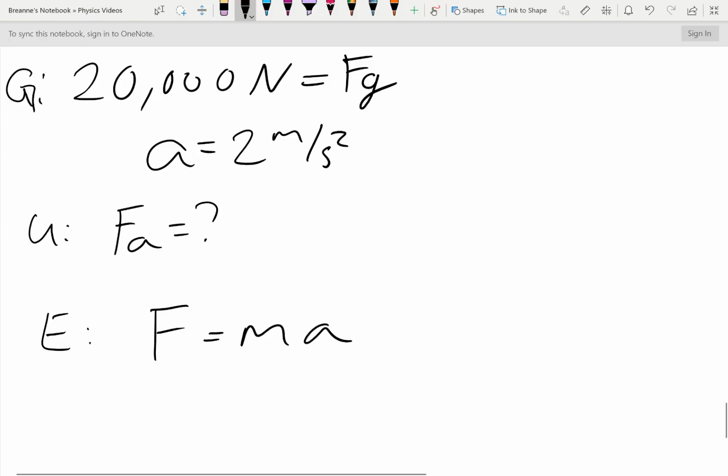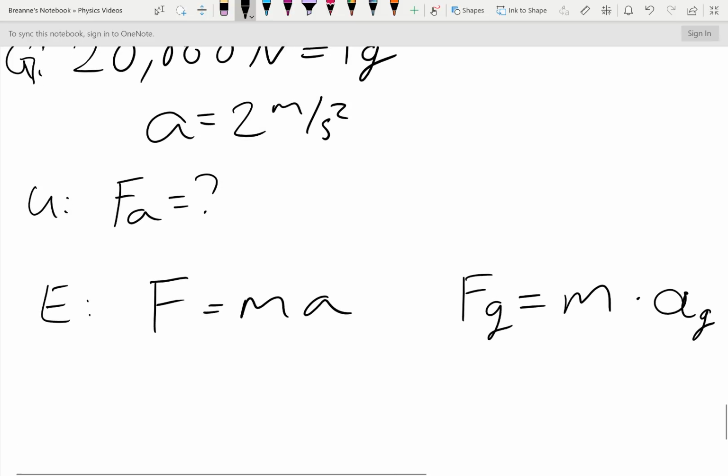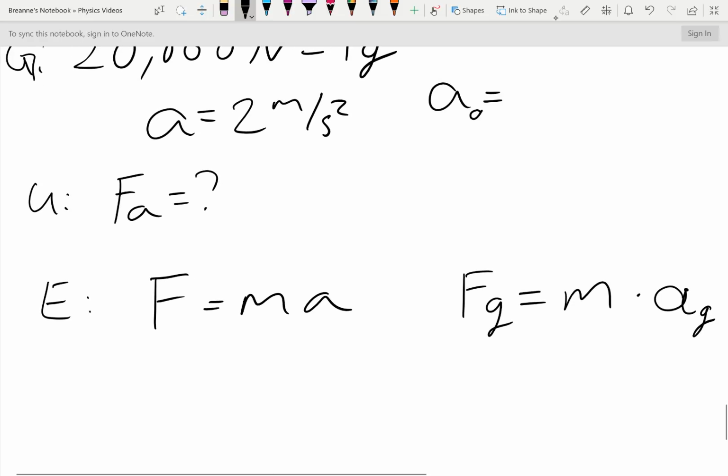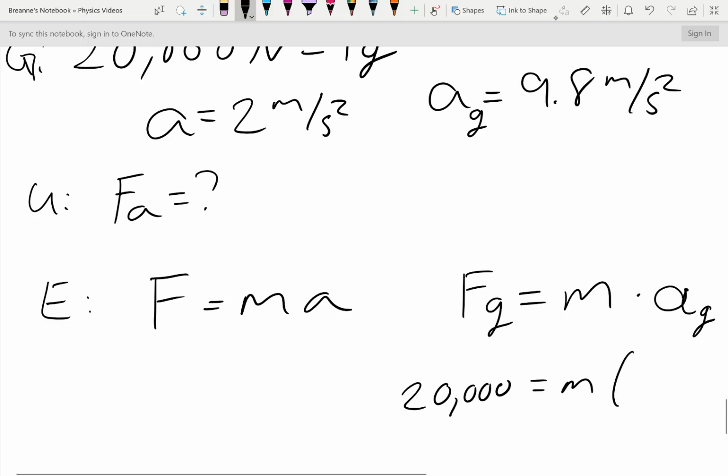Well, remember, and I believe it's step 2 on any of our problems, you can solve for your force of gravity or your mass, because force of gravity equals mass times acceleration due to gravity. So acceleration due to gravity becomes a constant also. It is 9.8 meters per second squared. So we know our force of gravity, 20,000. We don't know our mass, that's what we're looking for. We have acceleration due to gravity.